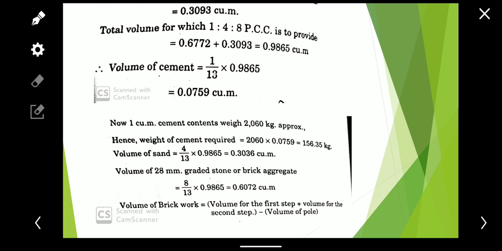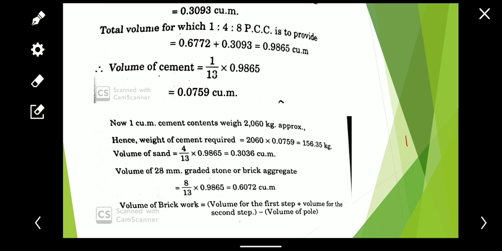Now the volume of cement. So the volume of cement is equal to 1 upon 13, that means 8 plus 4 plus 1, so it is 13. So 1 by 13 into 0.9865. So the volume of cement is 0.0759 cubic meter.